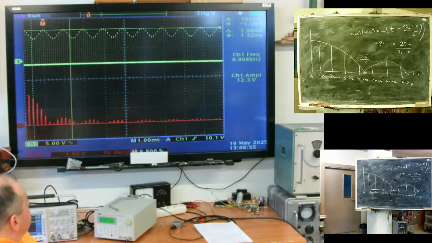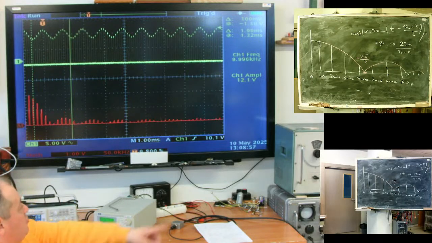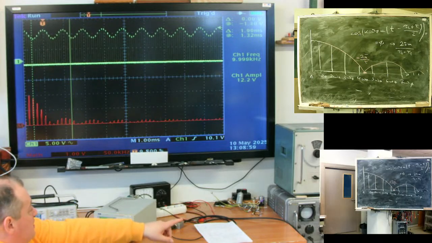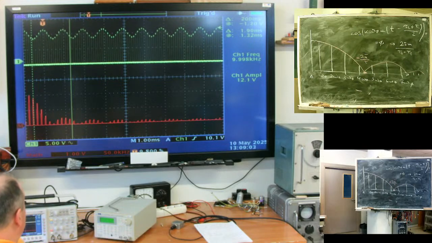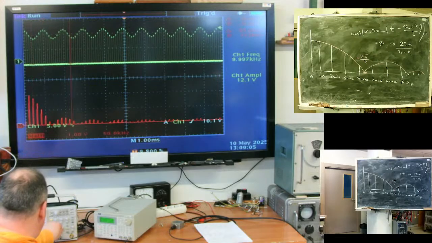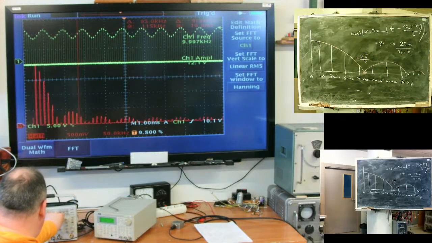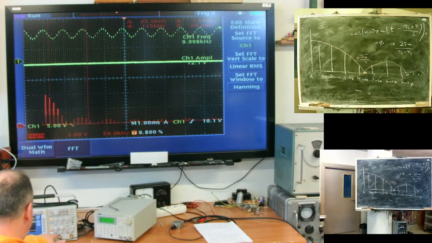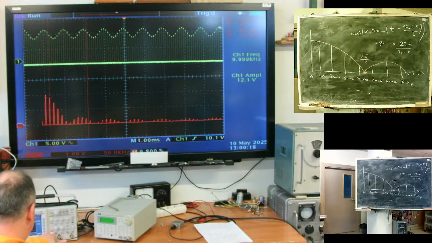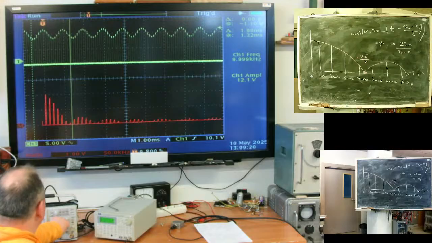Oh, I'm using a 1 kilohertz sinusoidal signal to modulate the magnitude of my pulses. Just to make it visible.